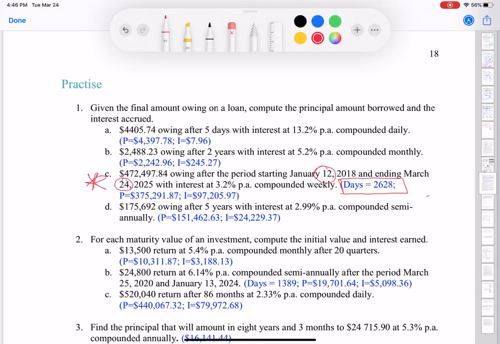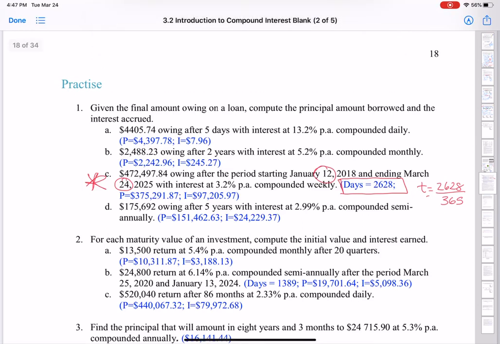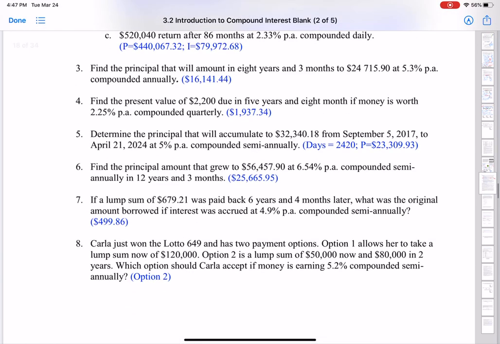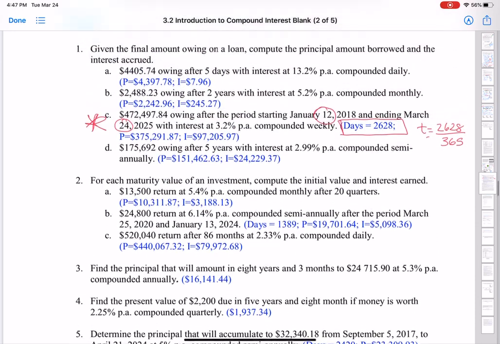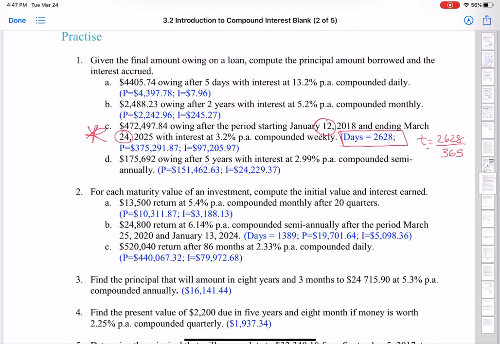So when you go to compute this, your time is going to be 2628 over 365. All right? Otherwise, the student practice is very doable for you at this point with what we just finished in the note.